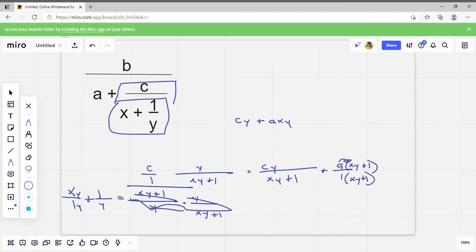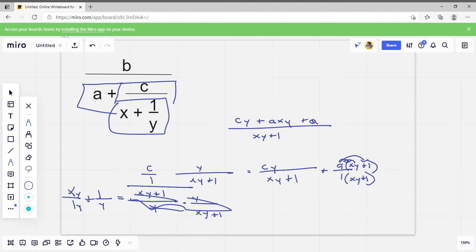I'm rainbowing that, okay? And then a times 1 would be plus a, okay? And all that is going over xy plus 1. Okay, so I added that c. C's been in there. Okay, and then I added the a.